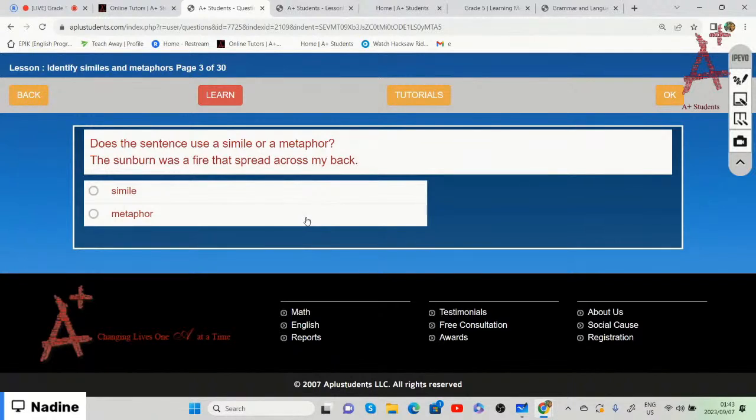Is that a simile or is that a metaphor? So we're going to say that's a metaphor.